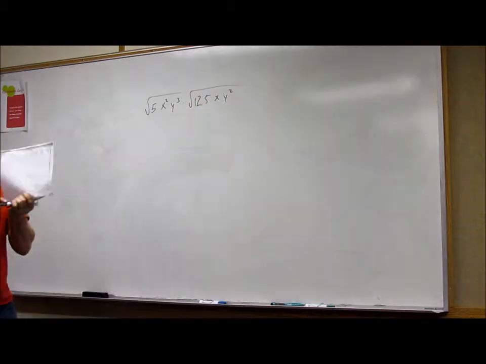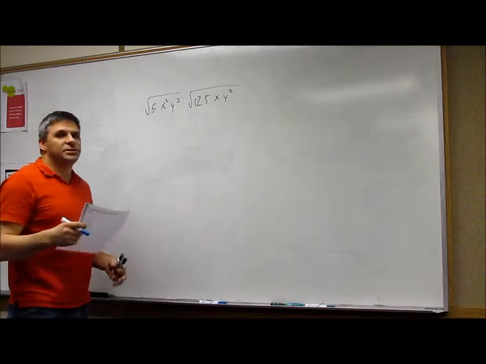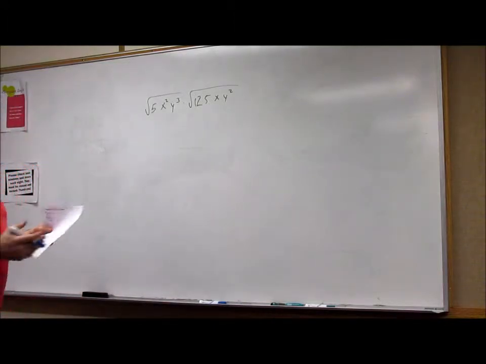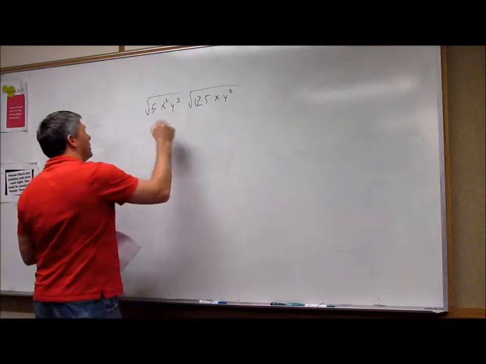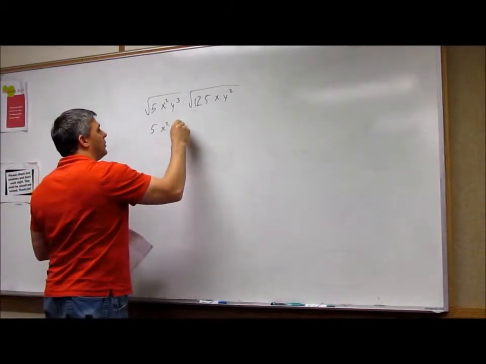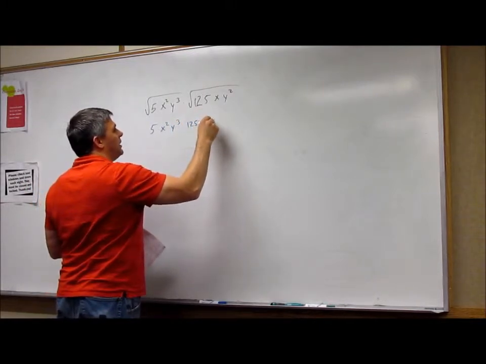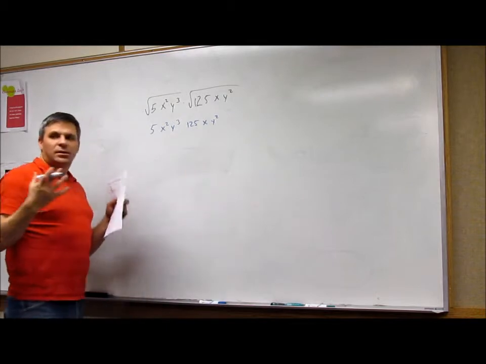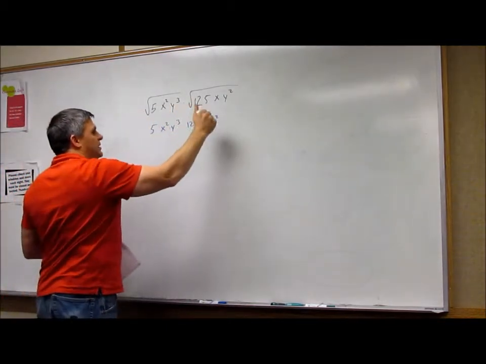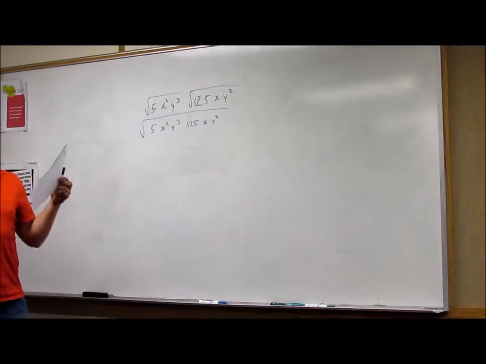Here's the cool thing about this. When we're multiplying two roots that are the same, we can multiply them in any order as long as their exponents were the same, right? Well, this exponent is the same as this one, so it's all in one.